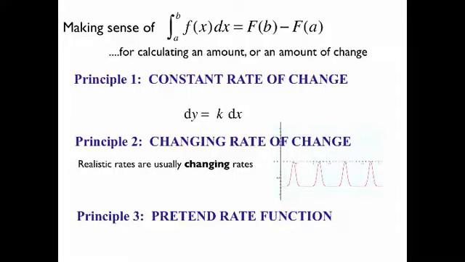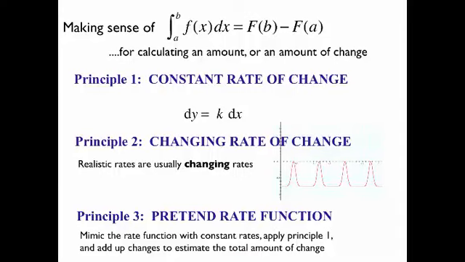Principle 3, because we can't do mathematics with a changing rate, we're going to make up a pretend rate function, or a simulated rate function, made up of constant rates of change. We're going to mimic the rate function with constant rates so that we can apply principle 1. Easy math, k dx, or k delta x. And then we're going to add up the changes to estimate the total amount of change.